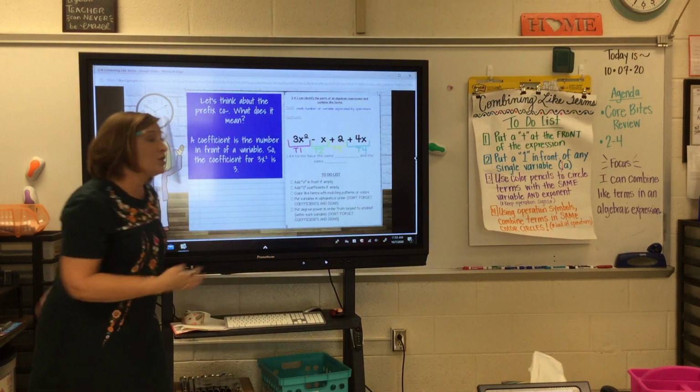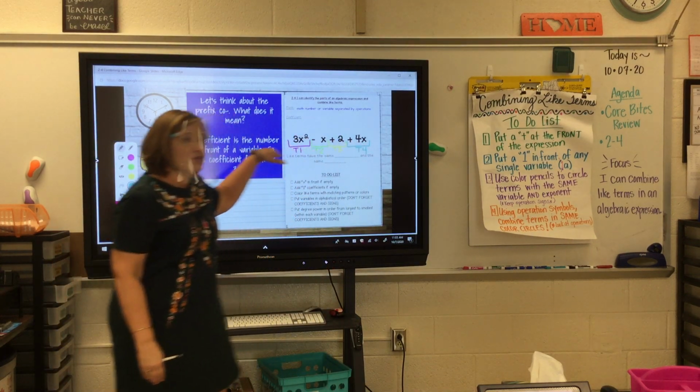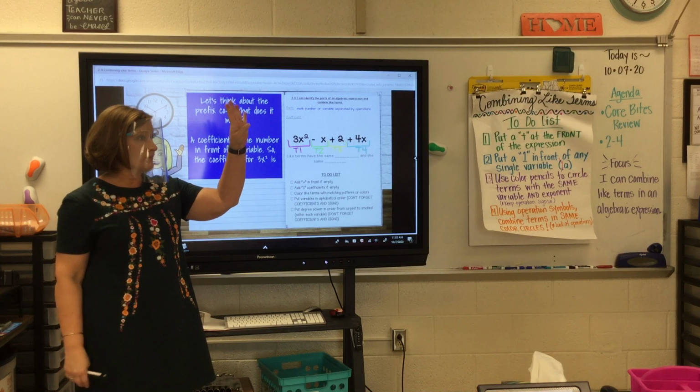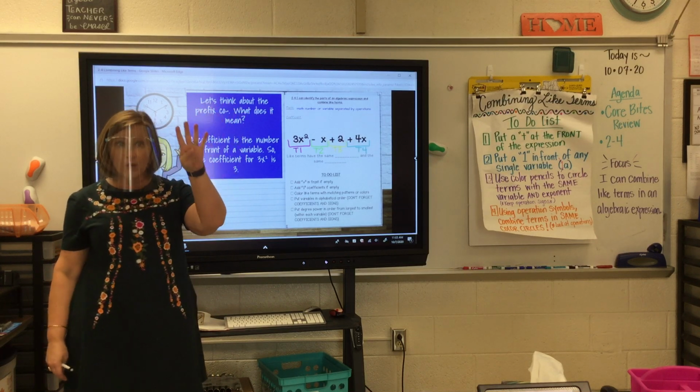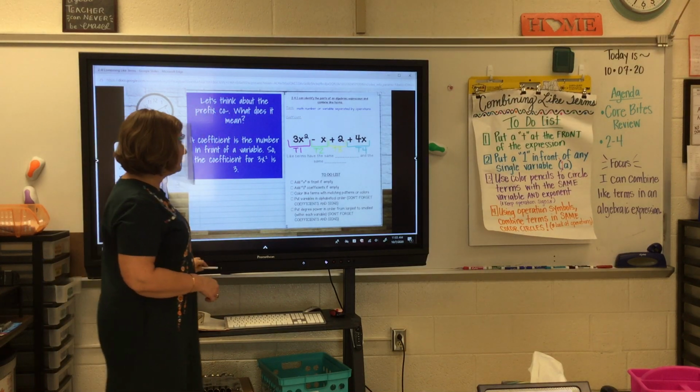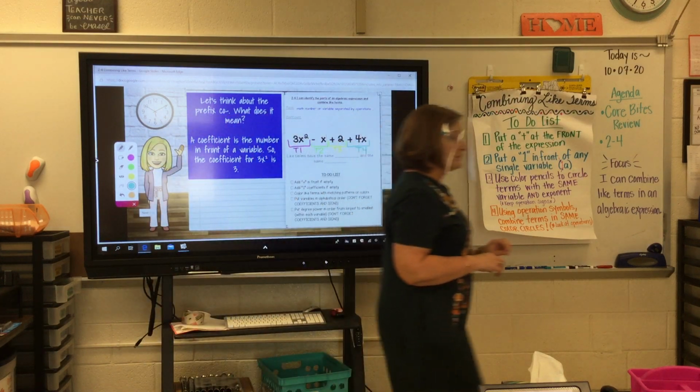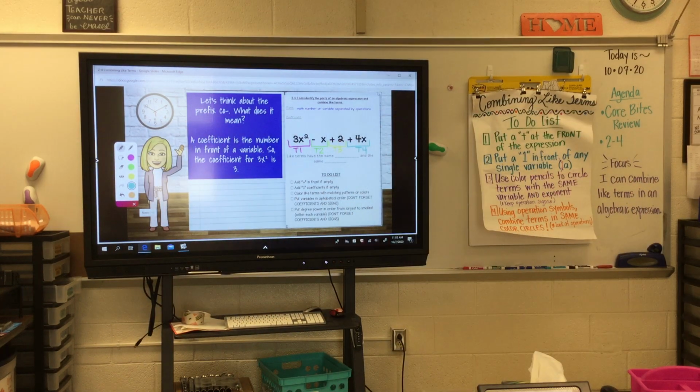So, how many terms are in this big expression that I gave you? 4. There are 4 terms in this expression. I want you to write that definition for the word term. Term is at the top of your paper. It is the math number or variable separated by operations.